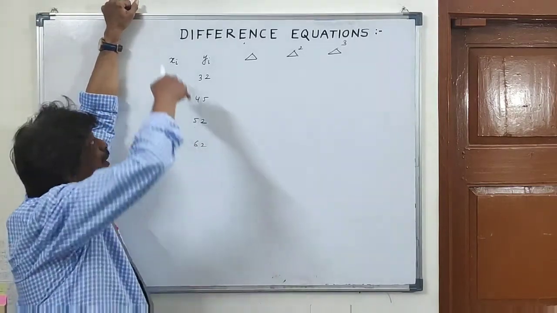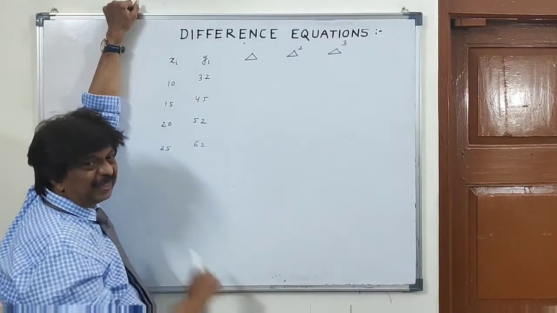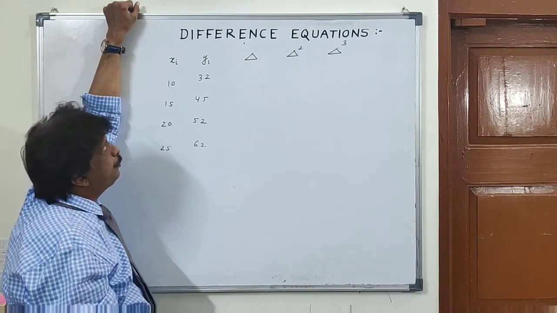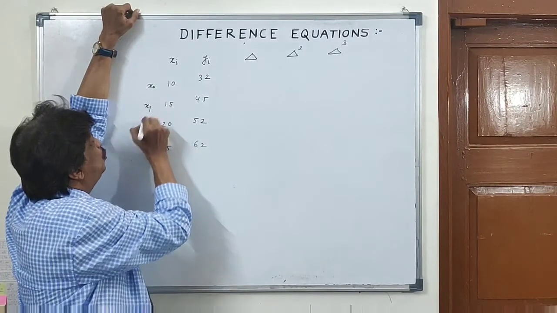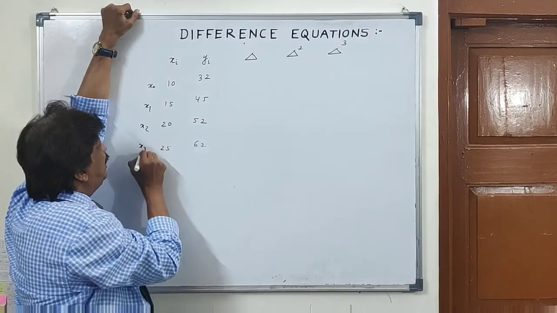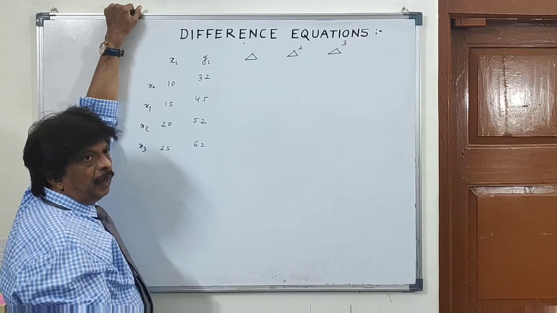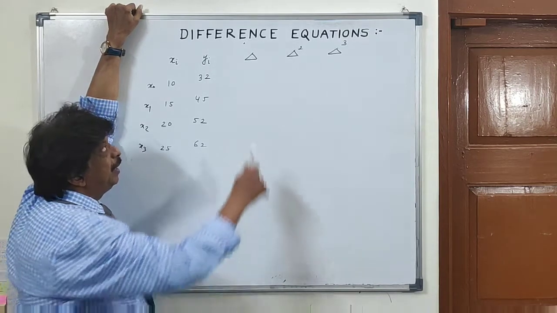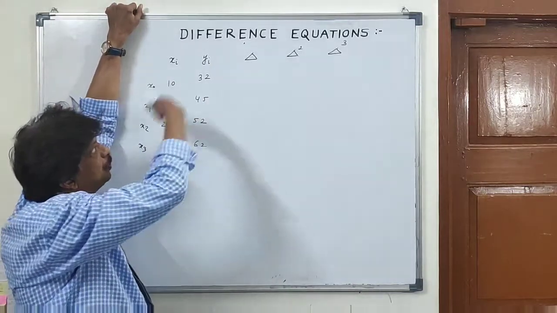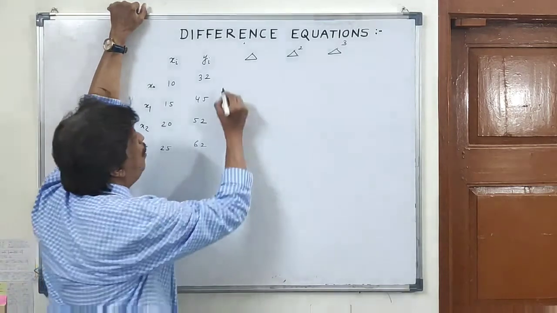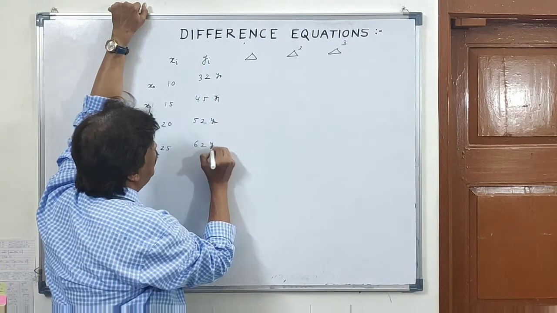Consider these 4 values of arguments and their corresponding values. This is x0, x1, x2 and x3, and y0, y1, y2 and y3. I am going to calculate the first, second and third order differences of these values.